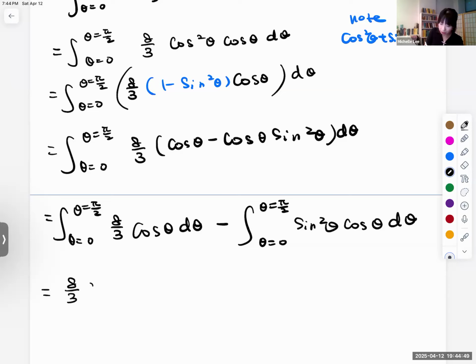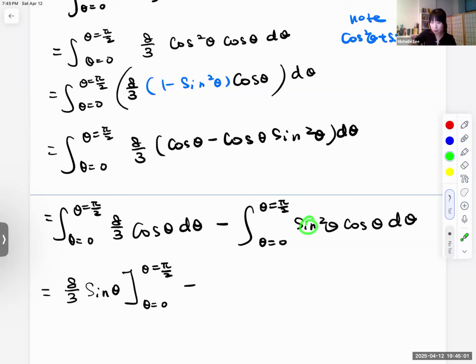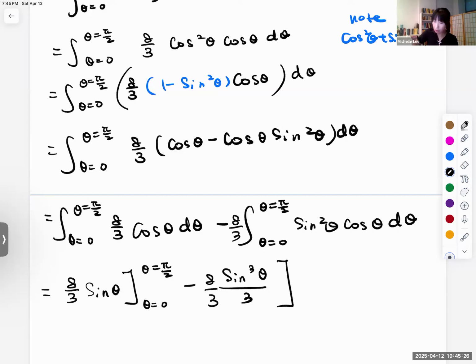So 8 over 3 sine theta, and then we want to evaluate 0 to pi over 2. All right. So if we take the derivative of a sine, we get the cosine, right? So we can integrate by using the power rule, right? Make sense? So we will have sine to the third power over 3, over 3. Oh, 8 over 3 missing. And then we want to evaluate from 0 to pi over 2.